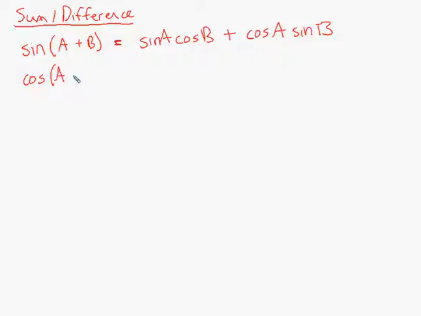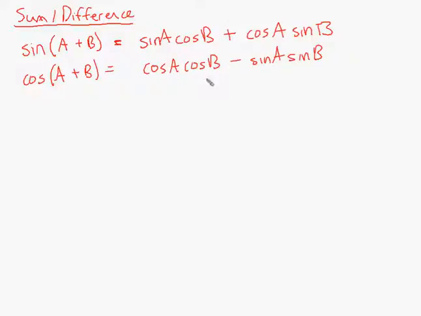Cosine of A plus B. It's pretty similar, except instead of add, we're going to subtract, and it's going to look like this: cosine A, cosine B, minus sine A, sine B. Again, you need to memorize. Whatever it takes, whether you put them on a flashcard and read them to yourself, or you write them a million times.